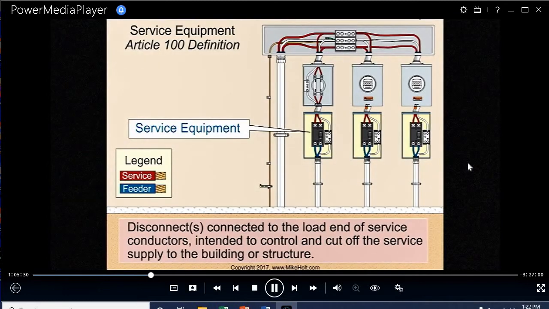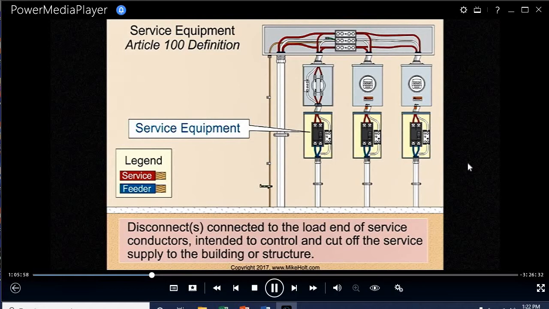Because what's service equipment? Watch this. Look at this. Disconnects connected to the load end of service conductors. So we have to know what service conductors are. They terminate at the service equipment, intended to control and cut off the supply to the building or structure. So this enclosure right here is the service disconnect because it's intended to turn off the supply to the building or structure. The PV system is not intended to turn off any supply to the building or structure, because the PV system is actually a power supply.